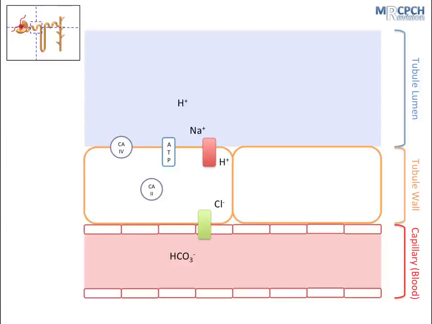Sodium is also freely filtered, and there is a sodium-proton exchanger on the luminal surface, and the remaining protons are exchanged for sodium. The bicarbonate is then absorbed back into the circulation, and the protons are excreted in the urine.